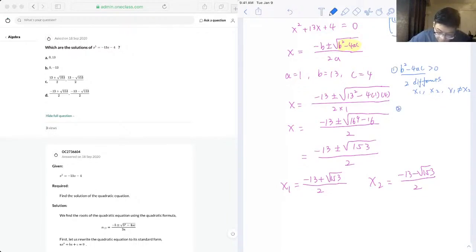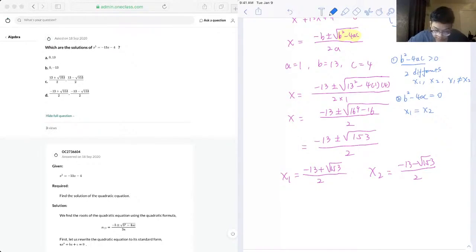Also, if b squared minus 4ac is equal to 0, we're still going to get a result, but this time x1 is equal to x2, so they are the same root. And the third situation is b squared minus 4ac less than 0.